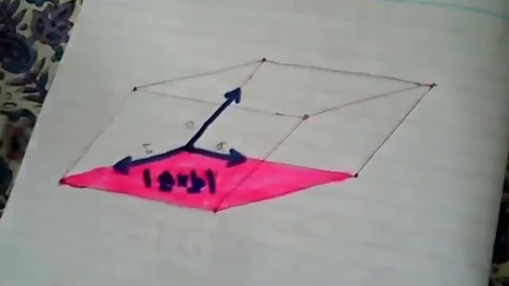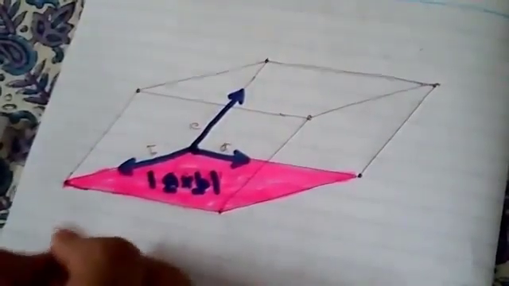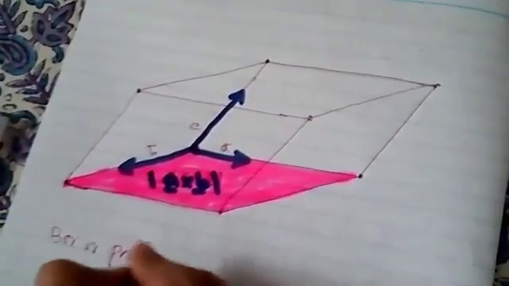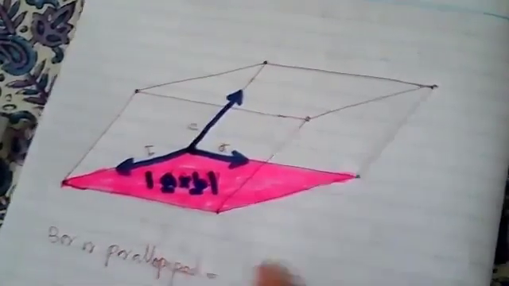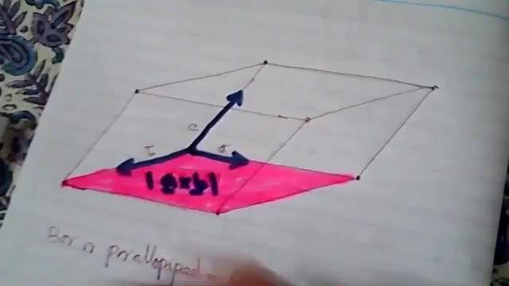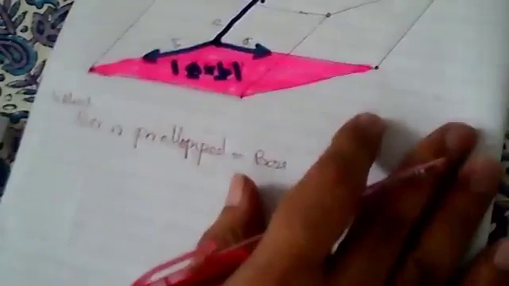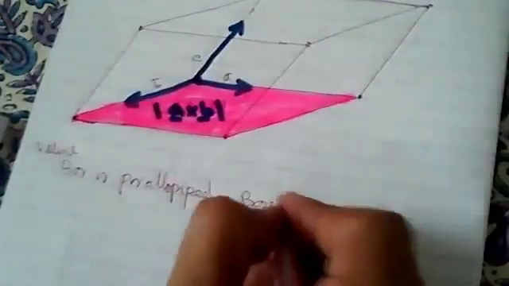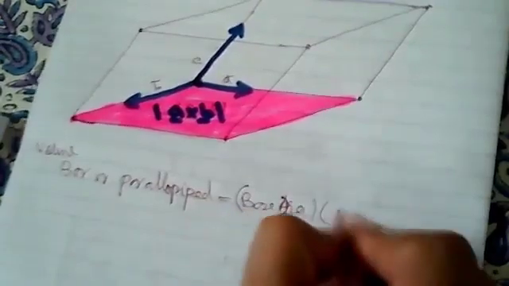So what is the volume of this box? In mathematics it is called a box or parallelepiped. If you are interested in finding the volume of this box or parallelepiped, the formula is the basic formula: base area into perpendicular height.